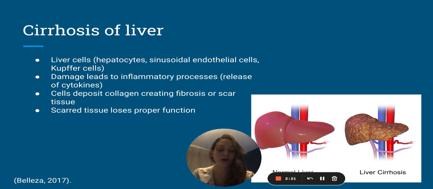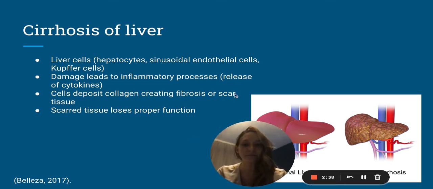alcohol is the most common reason for cirrhosis, but other inflammatory processes can be viral hepatitis or metabolic disorders. All these have in common is that they cause inflammatory processes on the liver. So, as you can see here, there's hepatocytes, sinusoidal endothelial cells, Kupffer cells.